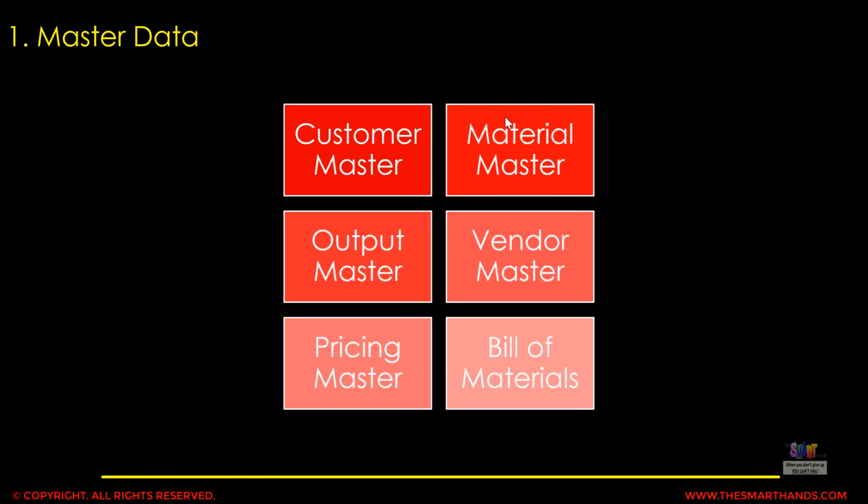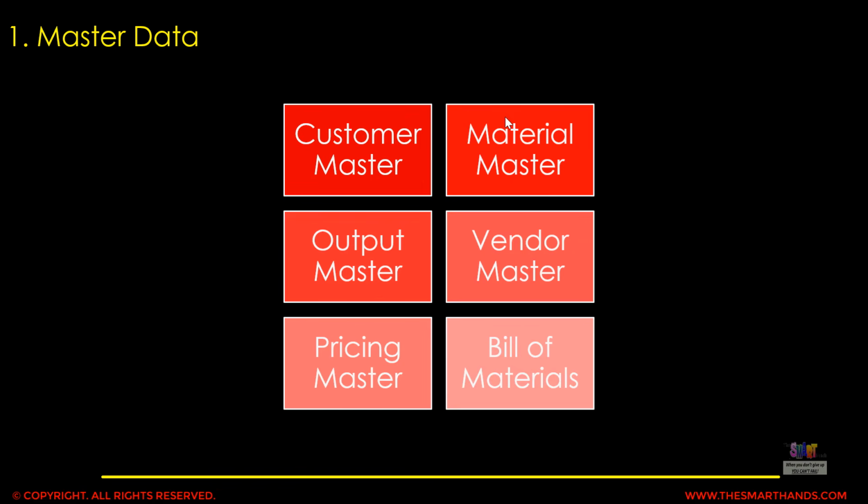So when you enter the material code in the purchase order, the system will be pulling all the details of the master data from the material master data. Same thing goes for customer. We maintain the customer only once, and when we create the sales order or any sales transaction like contract, quotation, the system will be pulling all the customer master data from the customer master data table. So these are the master data.